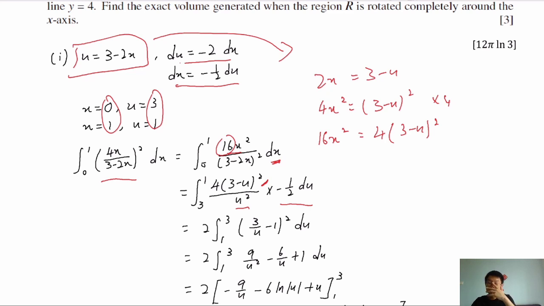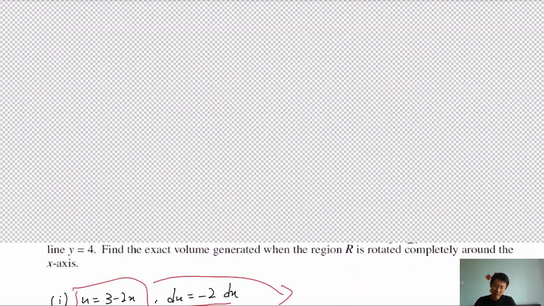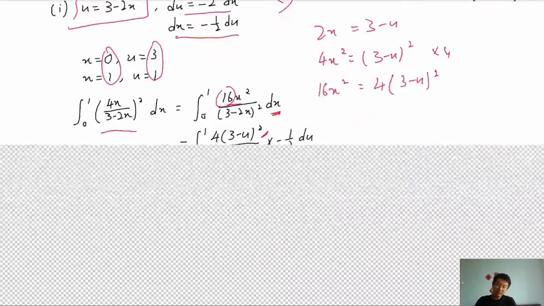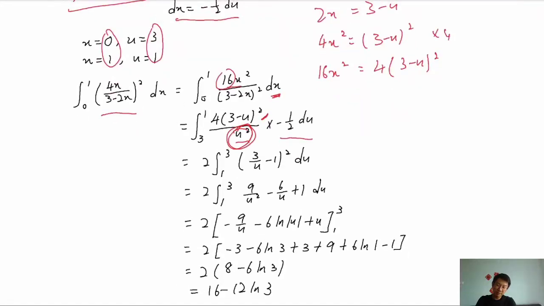There are several ways that we can do this, but because in our denominator we only have one single term, which is u squared, and for our numerator we have got 3 minus u squared, what we can do is expand and separate the terms.